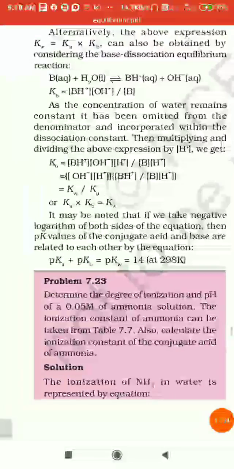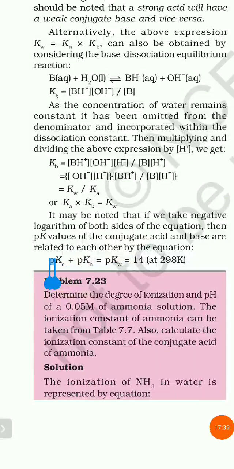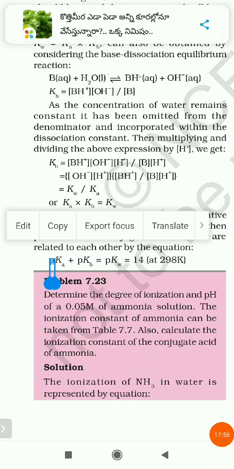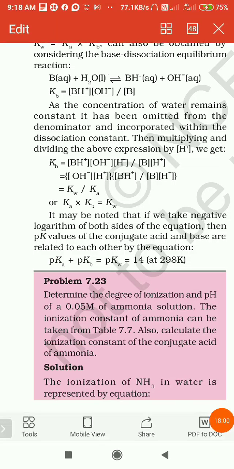Therefore, overall, how do we write it with pKa and pKb values? The sum of the pKa and pKb values will be equal to the ionization of water, the overall reaction. Therefore, pKa plus pKb is equal to the ionic product of water.